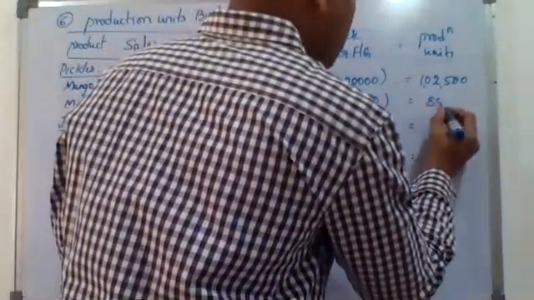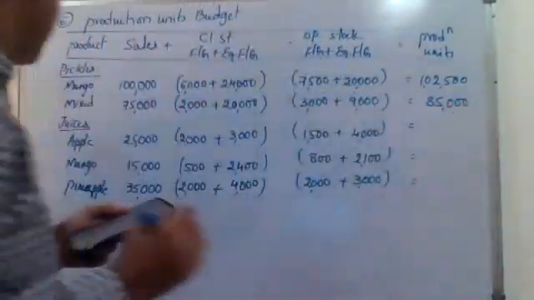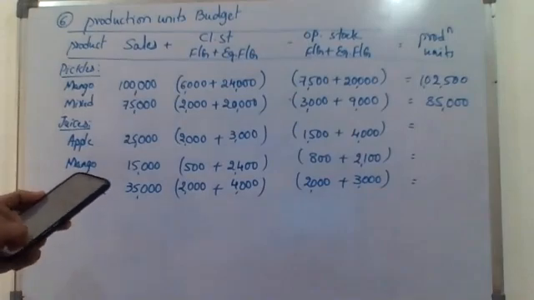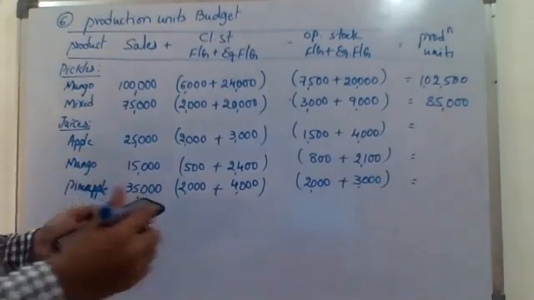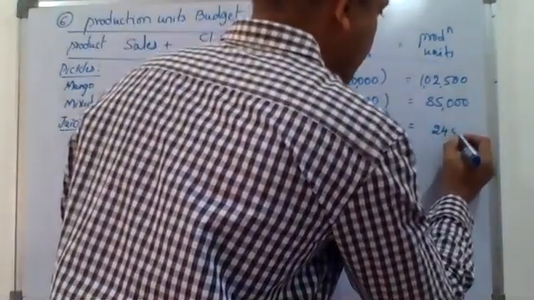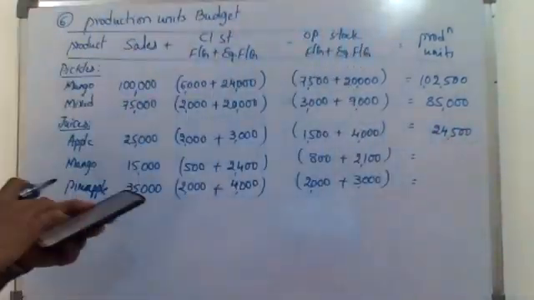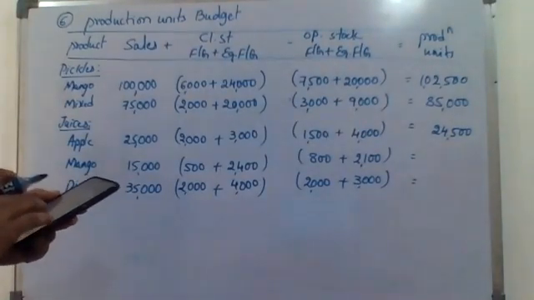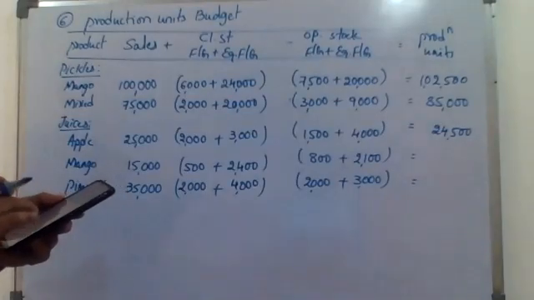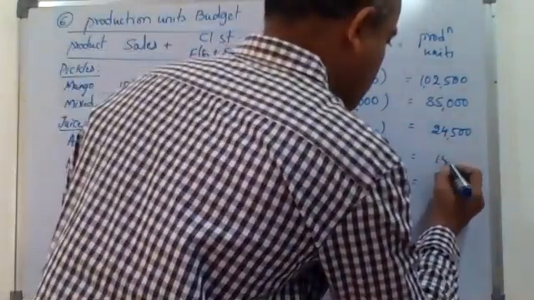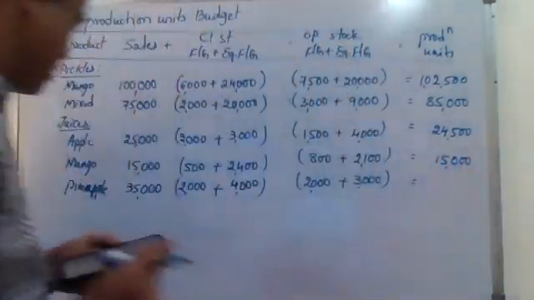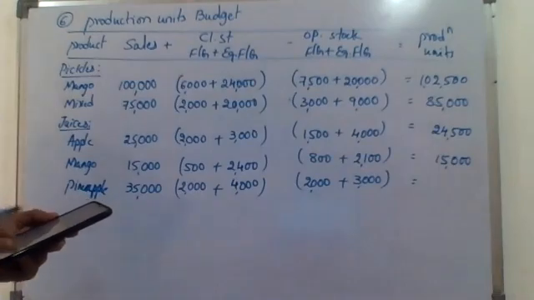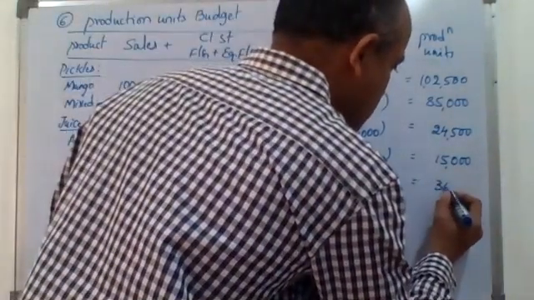This is 85,000 units of mixed. 25 plus 5 minus 5,500 gives you 24,500 units. Next is 15,000 plus 2,900 minus 2,900 should give you again 15,000. And we have 35,000 plus 6,000 minus 5,000 gives you 36,000 units.